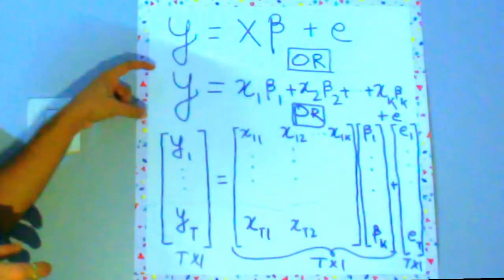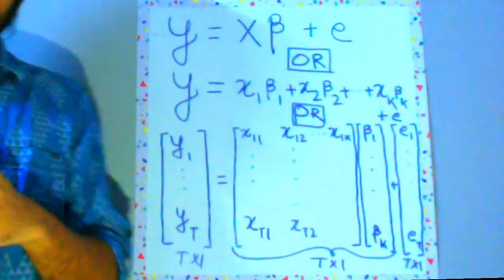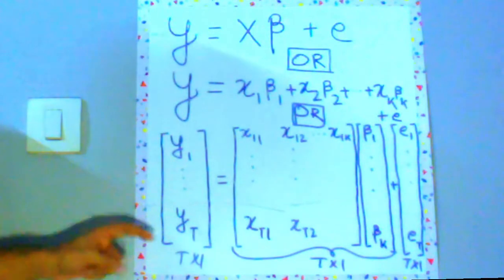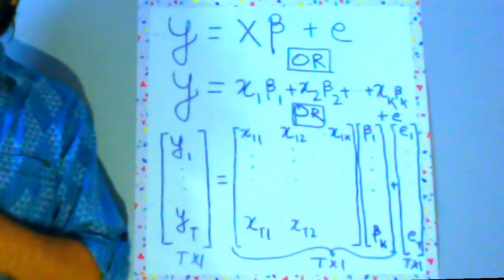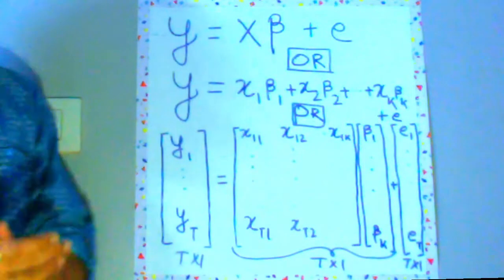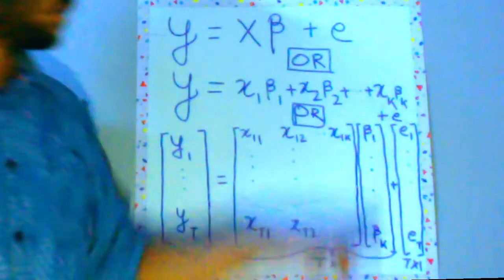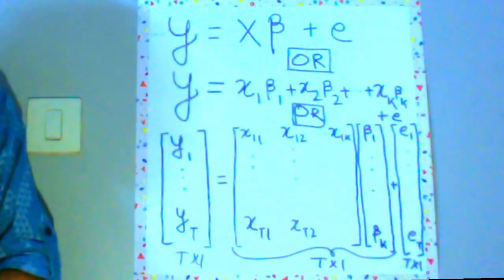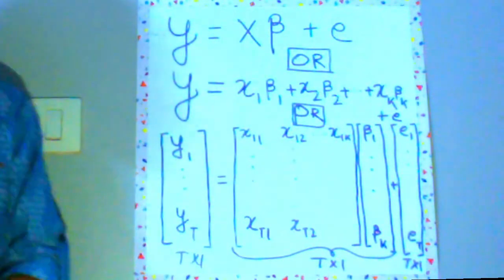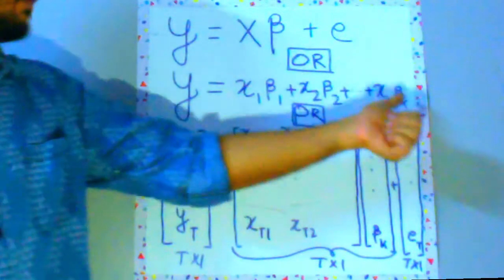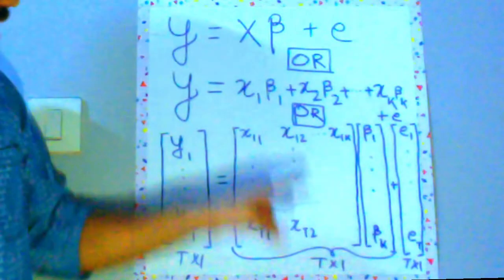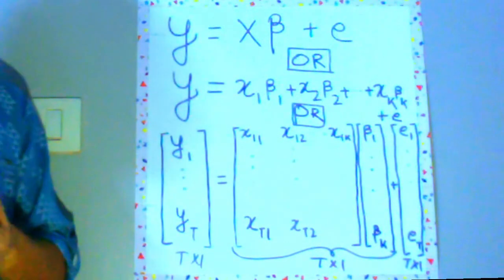So y has t observations. So y1 to yt gives you a vector of y values. X beta can be written as x into beta, where beta is your vector having k cross 1 dimension, because I have beta 1 to beta k, and this x matrix is of t cross k dimensions.